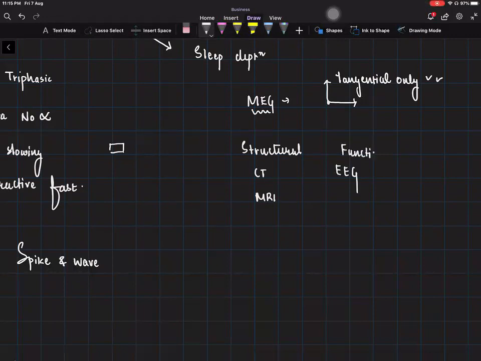Can anyone tell me a couple of more functional brain scans which are comparatively recent? Functional MRI, your fMRI, your PET scan. What is the full form of PET scan? Positron emission tomography. And what about SPECT scan?